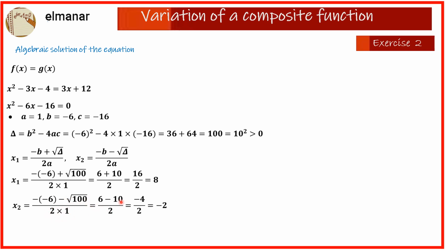This simplifies to (6 − 10) / 2, which equals −4/2, thus −2. Thus, the set of solutions for this quadratic equation consists of the values −2 and 8.